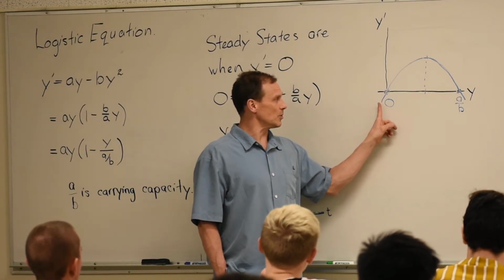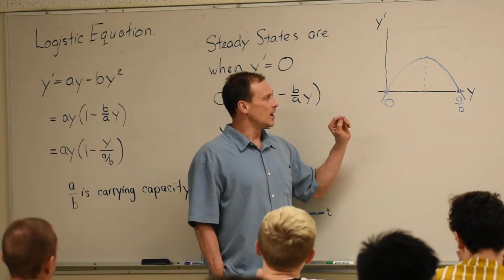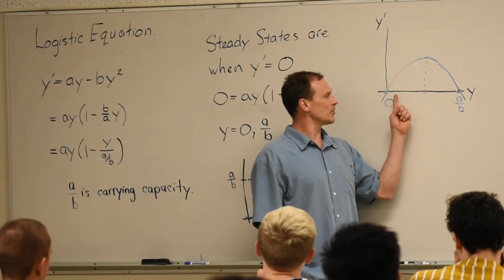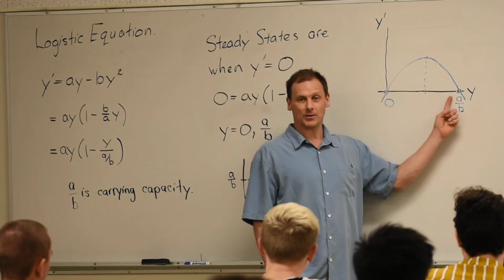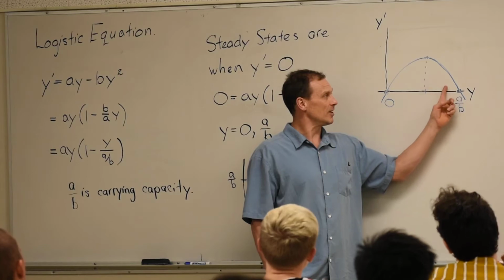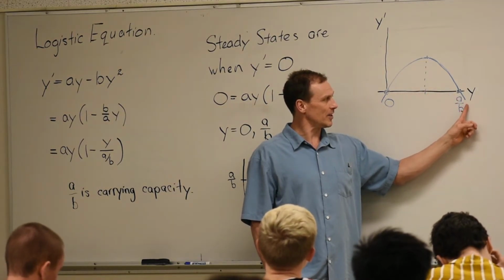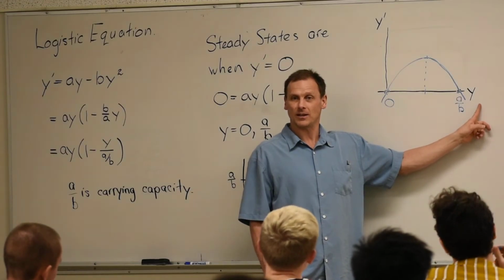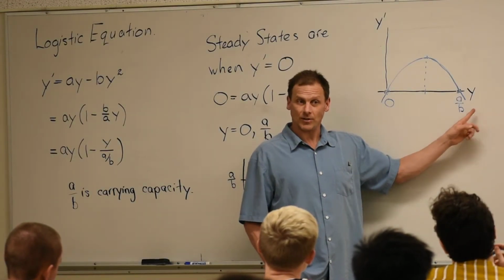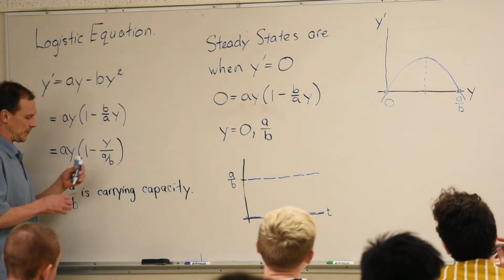So to the left of 0 the solution is decreasing. What about between 0 and a over b? It's always positive, so this is an increasing solution. And solutions that exceed a over b are decreasing solutions.